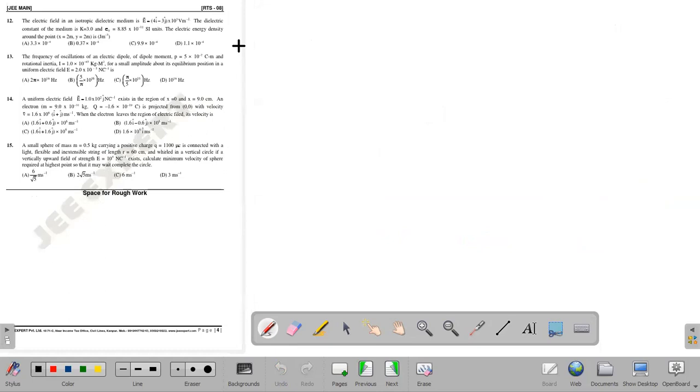12th, there is an electric field, the dielectric constant epsilon is given, and this is simply energy density. The electric field energy density has a formula of half epsilon E square, but this is only when you are calculating energy density in free space. If we are calculating energy density in dielectrics, then it will be multiplied by the dielectric constant also.